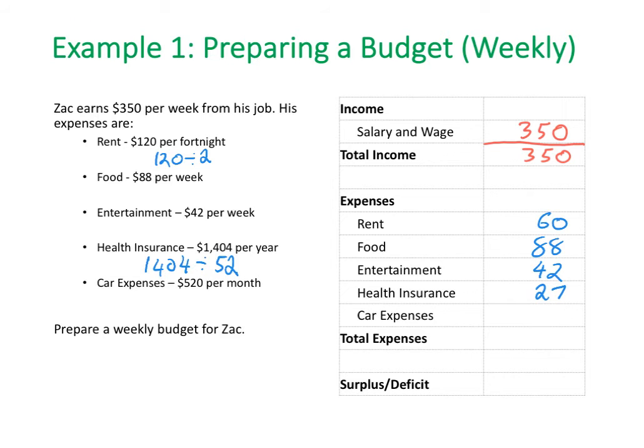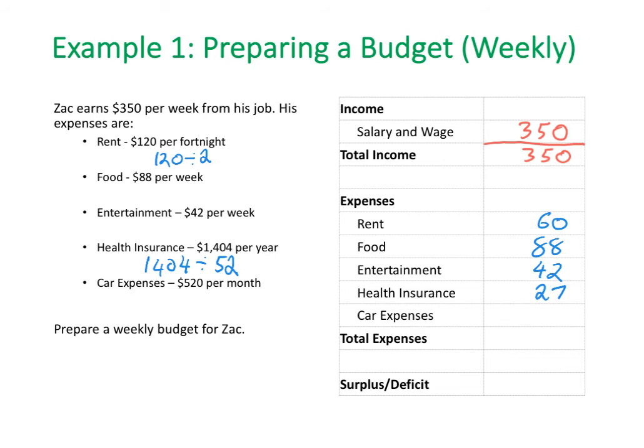The last expense is the car expense, and that's $520 per month. Now to calculate the per weekly amount, I can't just divide 520 divided by 4, because that is not going to get me an accurate amount per week. So there's 2 steps involved.